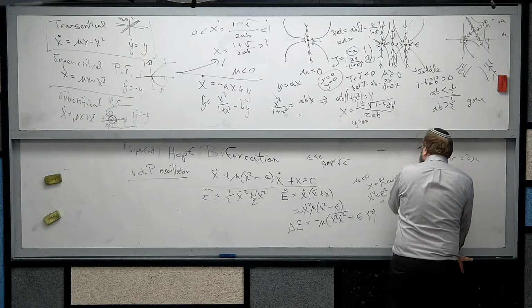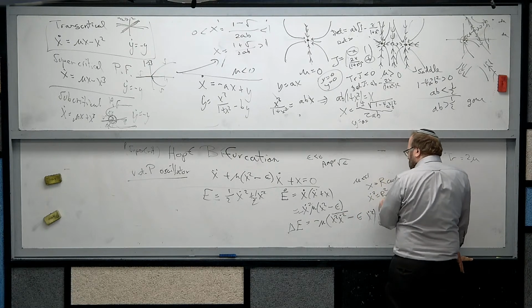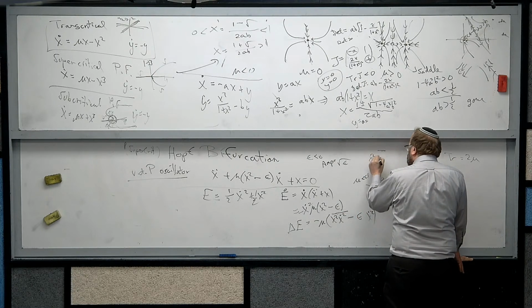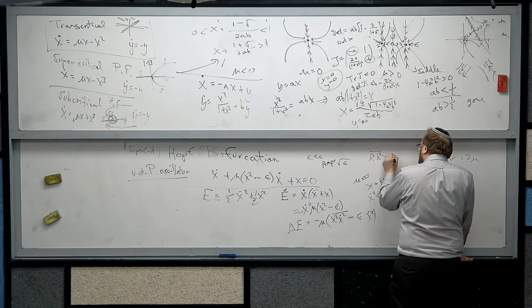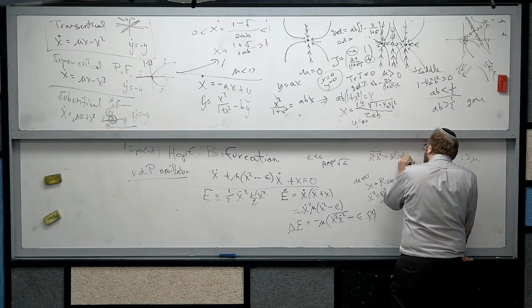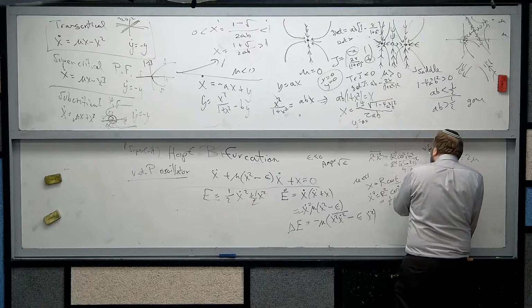And we have x squared times x dot squared average. Remember, that is r to the 4th cosine squared sine squared, which was r to the 4th averaged, which is sine 2t squared average over 4, and therefore this was r to the 4th over 8.